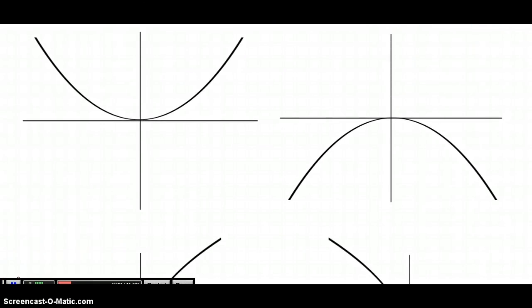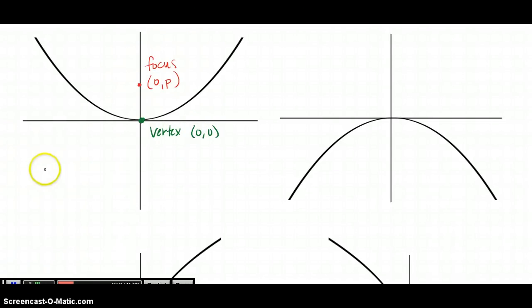Okay, now I said our parabola could open 4 different ways, so I'm going to label 4 different pictures for you. So first off, what we just did, a parabola opening up. We know we have a focus here, and it's at the point (0, p). This is our vertex, and it is at the point (0, 0).